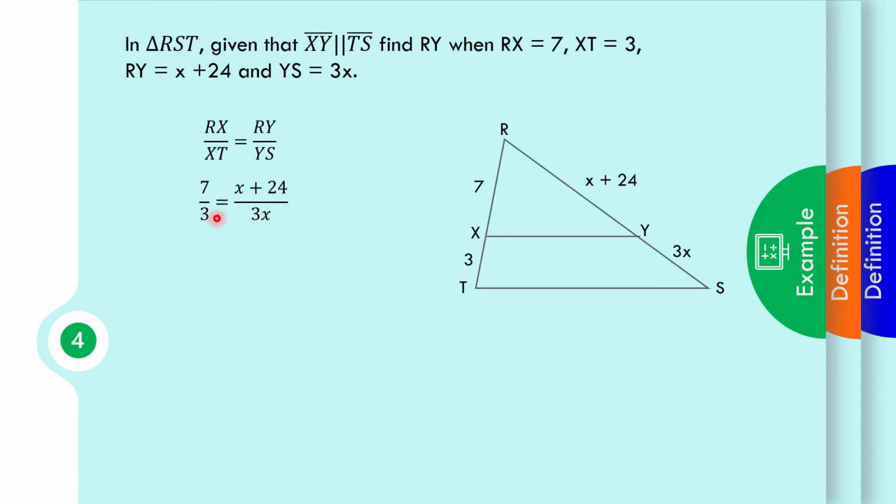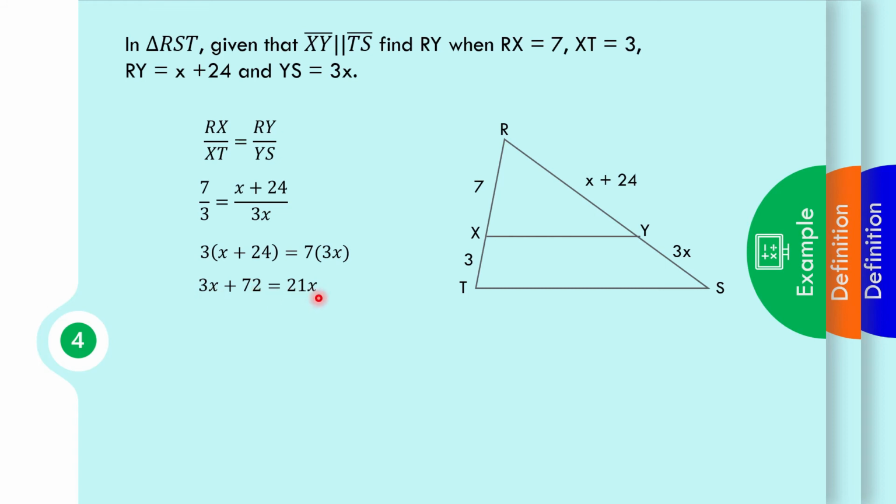So again, let us multiply the means and the extremes, or simply do a cross multiplication. Therefore, we will have 3 times x plus 24 is equal to 7 times 3x. By distributive property, we will obtain 3x plus 72 is equal to 21x.